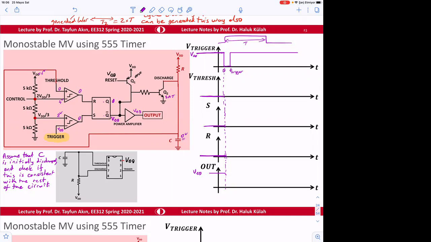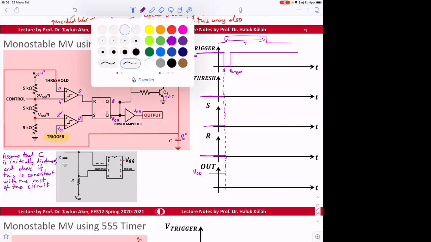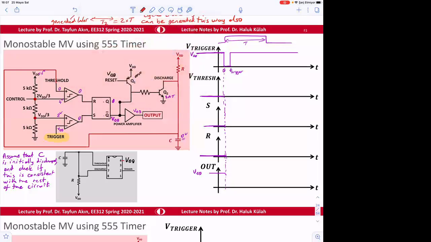So what happens if the trigger signal goes to low? I'm going to use a different color here, maybe this red. So the trigger becomes not VDD, it becomes 0 volt.